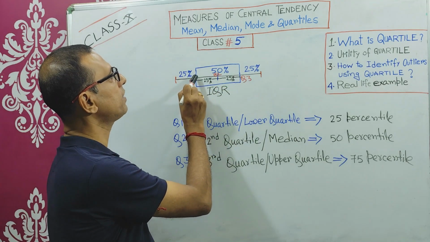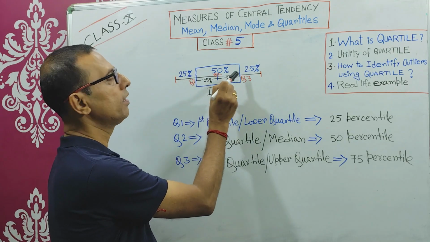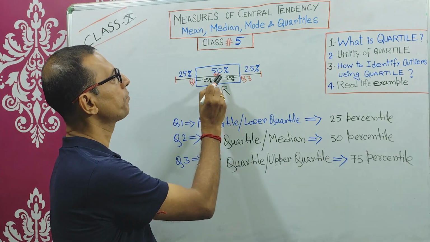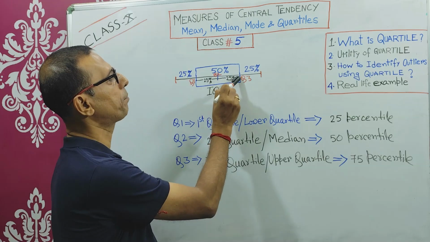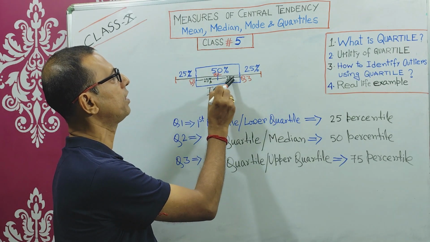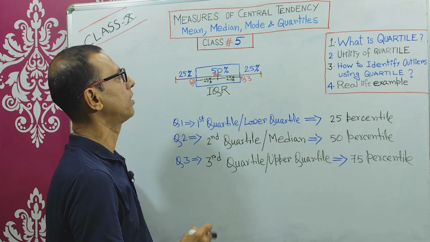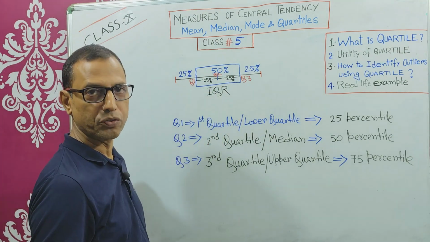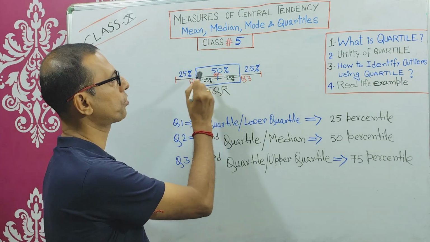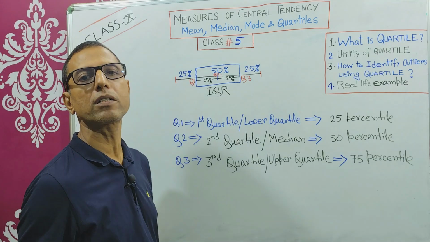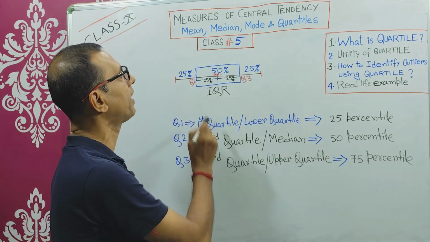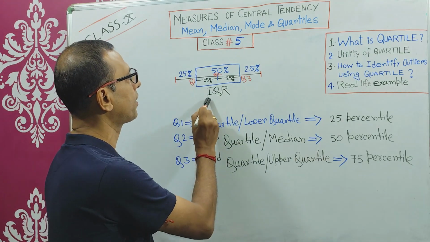Now from Q1 to Q2 it is 25% of data, and Q2 to Q3 it is 25% of data. That means from Q1 to Q3 it is 25% plus 25%, altogether 50%. This Q1 to Q3 portion, that is Q3 minus Q1, consists of 50% of data, and it is called the quartile deviation or inter quartile range, IQR.